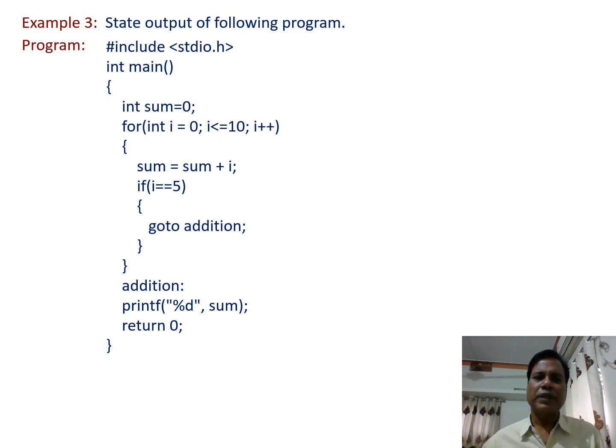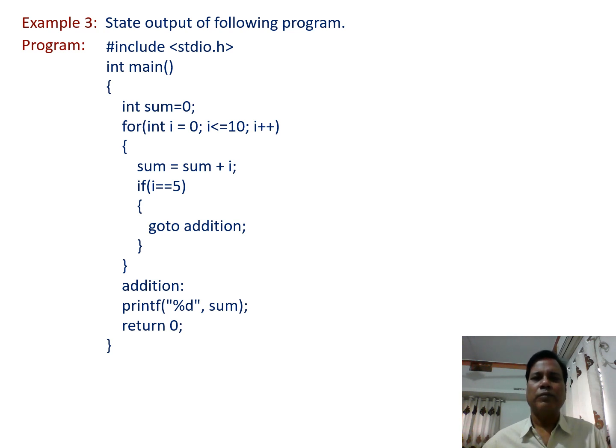So the loop continues till the if statement condition becomes true. When the value of i is equal to 5, then the body of the if statement is executed and this transfers the control to the addition label which is outside of the for loop. So the values of i from 0, 1, 2, 3, 4 get added.